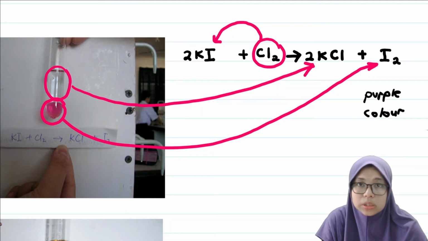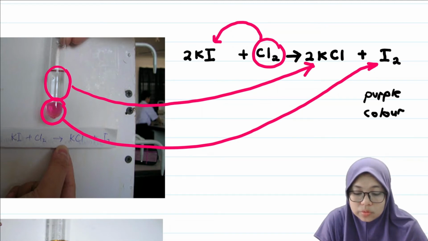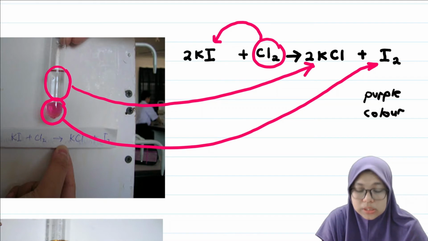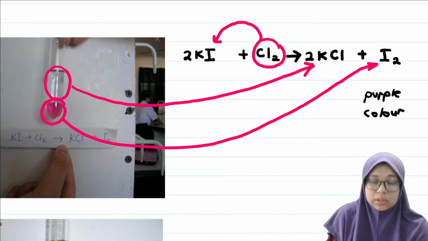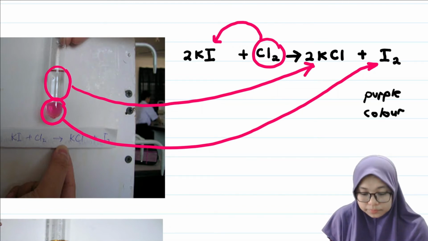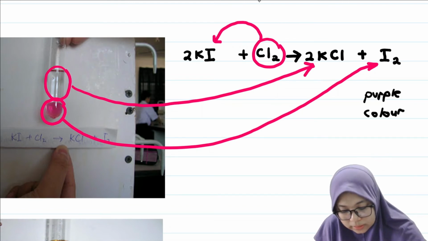The half equation is almost the same. How you explain is also the same. Okay, it's just that in this video I am focusing on the observation. So how do you see the observation for the product form? Okay, so the purple color again.